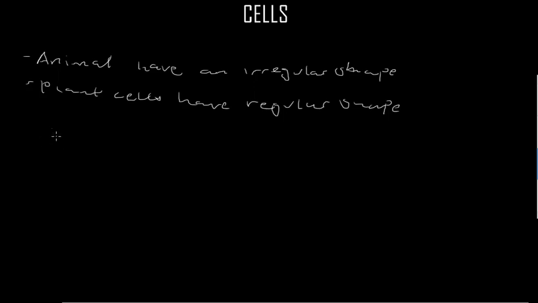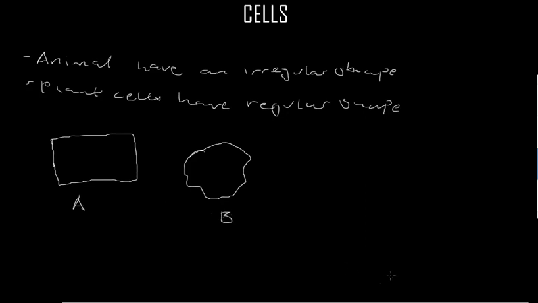So for example, if I was to ask you to say which of these two is a plant cell and which of these two is an animal cell. Firstly, let's identify which of these two, this is A and this is B. Which of these two is a regular shape? So A is regular shape, while B is irregular.